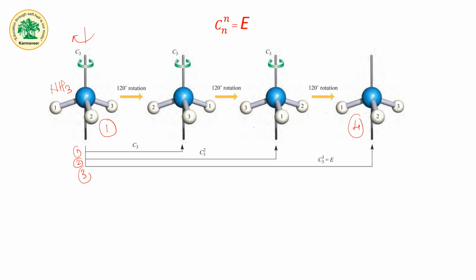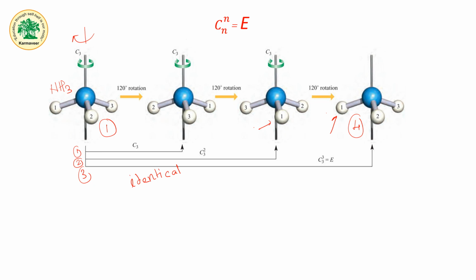That is, hydrogen number 1 has rotated clockwise to the 120-degree position, again to the next position by 120 degrees, and again to the original position, identical to the first molecule. That is what we obtain as an identity.